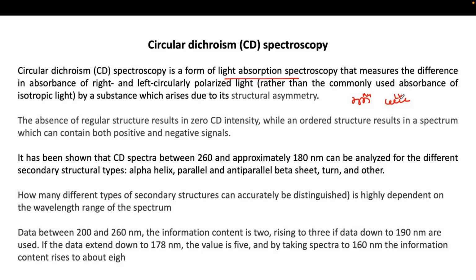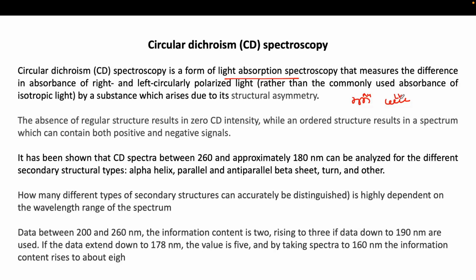asymmetry or the chirality property of any kind of molecule, according to its preferences, it will rotate the light either in the right handed direction or in the left handed direction.